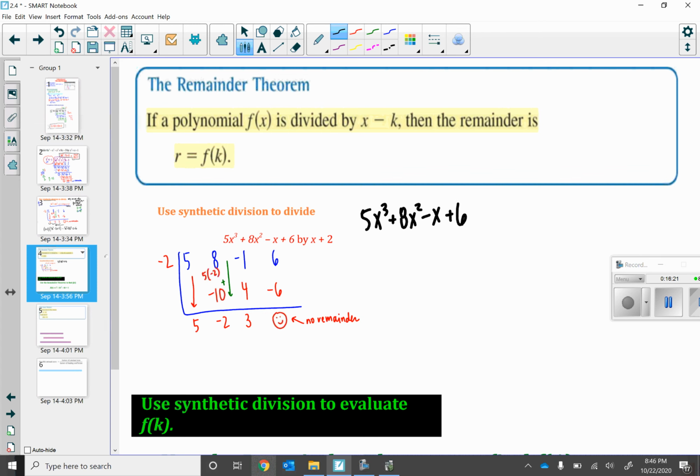If I divide this polynomial by some binomial, then the remainder is equal to f of k. So we took x minus, oops, just kidding, x plus 2. So if I was asked to find f of 2 here, so f of k, k is 2 in this case.